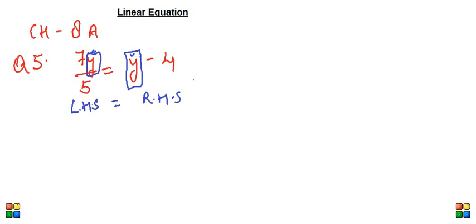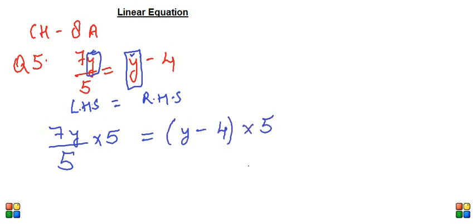Now the problem is how to solve this. We have 7y upon 5, and I don't want anything in the denominator. To remove the denominator, I simply have to multiply by the same number. If I do any operation on the left hand side, I have to do the same operation on the right hand side also.